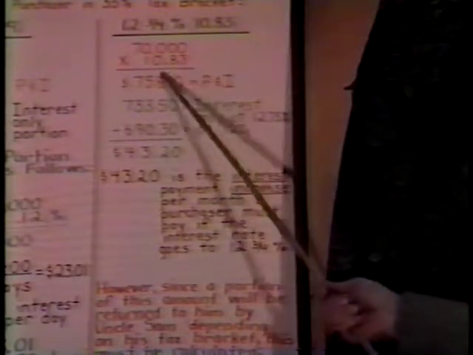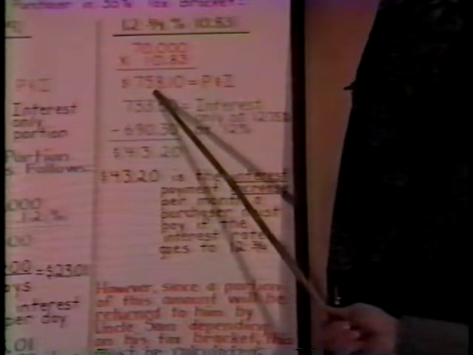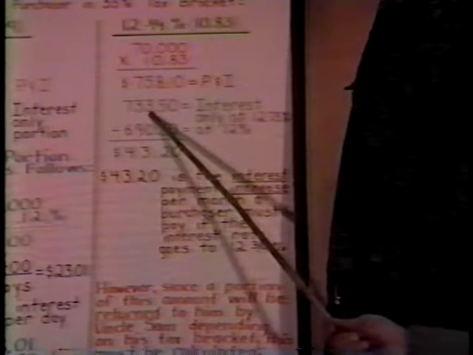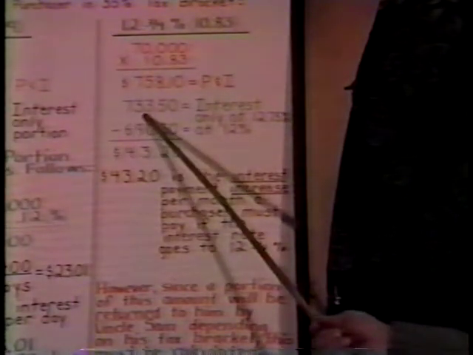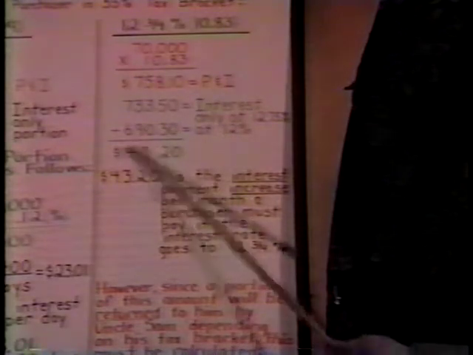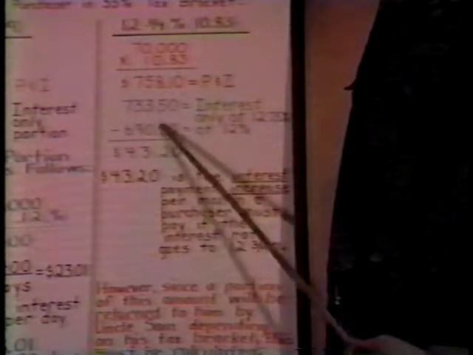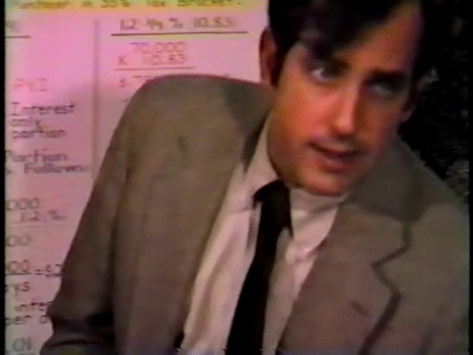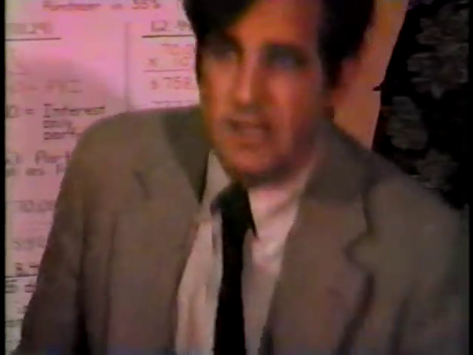Anyway, you take the rate per thousand, $758. Notice you won't see the work done, but the interest portion of this comes to $733. Now what we do, you simply subtract the interest portion, okay, 12%, from the interest portion at 12.75. It comes to $43.20. Now, the thing I want to point out to you, it comes to $43.20. That is the interest portion.